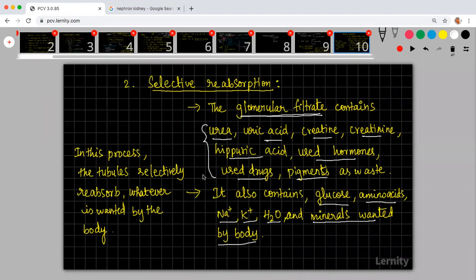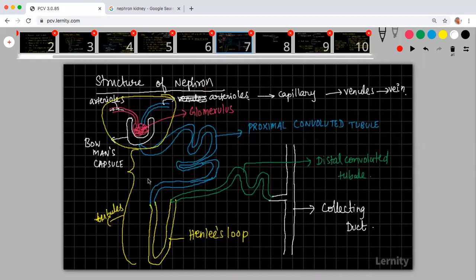That will contain all these things. From here, you need to reabsorb. So what are these tubes doing? These tubes are taking out whatever you want. When the glomerular filtrate is passing through this, whatever you want is taken by the blood again.